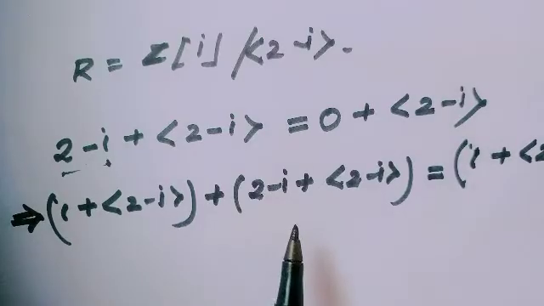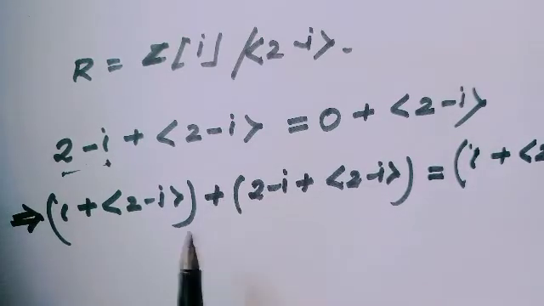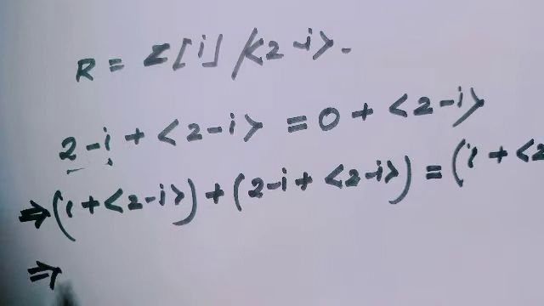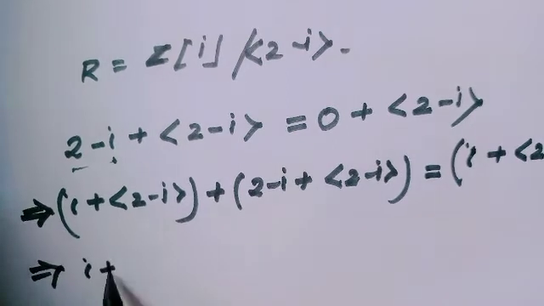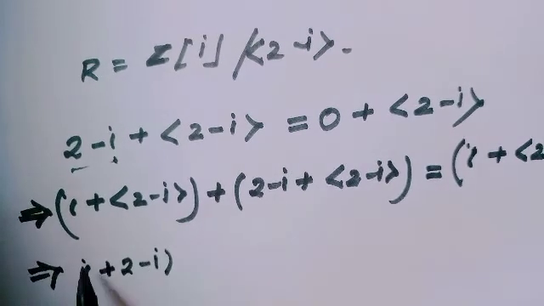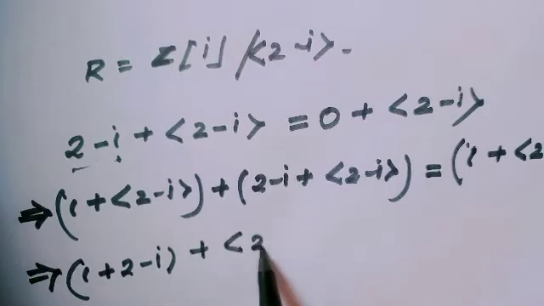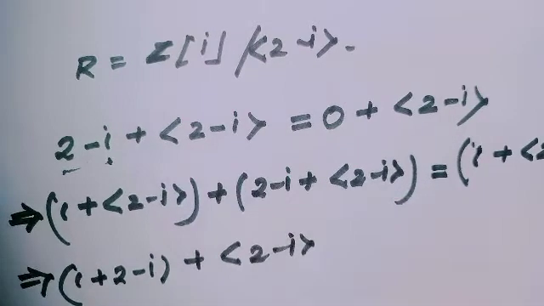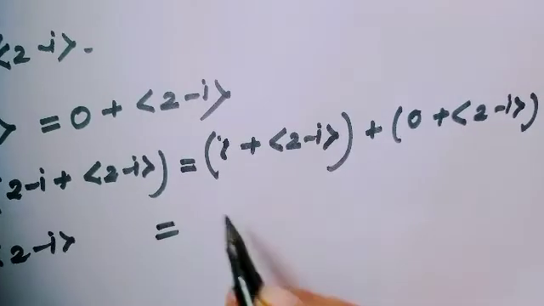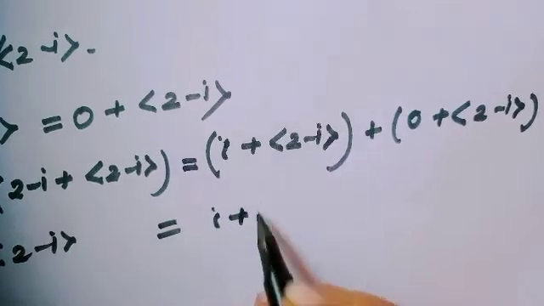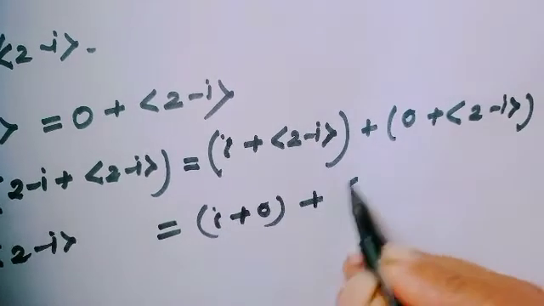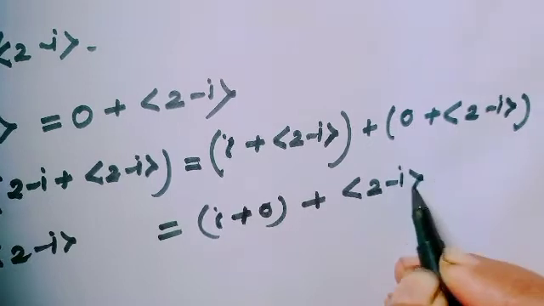If we apply addition of two quotients, then this would be i plus 2 minus i plus the ideal generated by 2 minus i, which will be equal to similarly i plus 0 plus the ideal generated by 2 minus i.